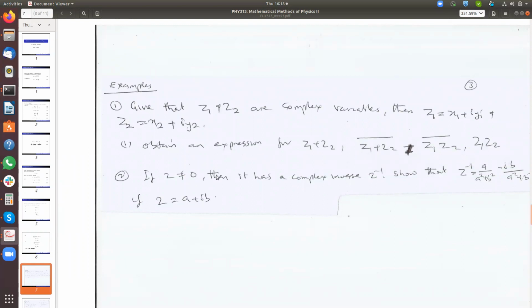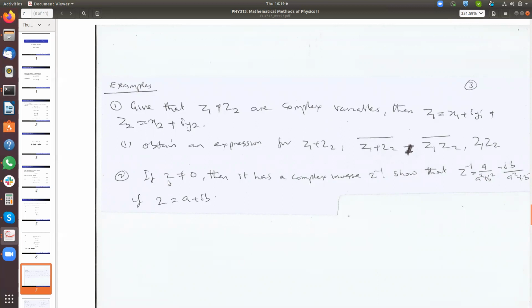Given that z1 and z2 are complex variables, where z1 is equal to x1 plus iy1 and z2 is x2 plus iy2, obtain an expression for z1 plus z2, the conjugate of z1 plus z2, and z1 times z2.